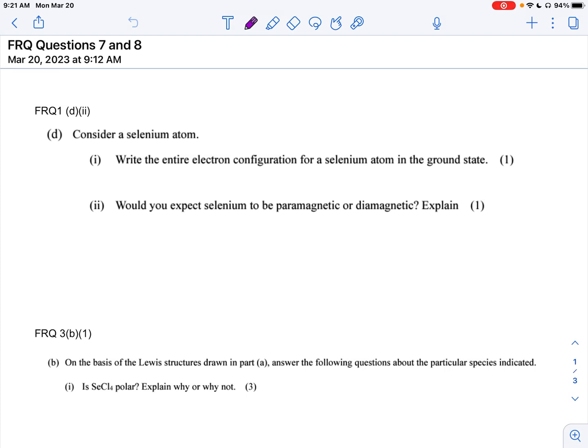The type of question that they would ask you about this would be an MCQ that says, what is the bond angle in this structure? And for that, it's important for you to know if it's the bent with 120 or the bent with 109.5. That's the type of question you should anticipate. Not that you'd have to draw them differently, but you do need to know what the angles are.